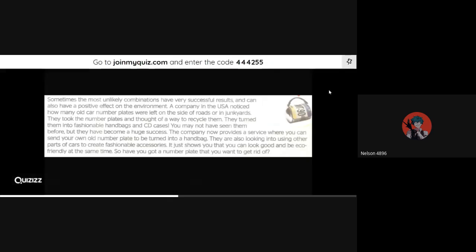Sometimes the most unlikely combinations have very successful results and can also have a positive effect on the environment. A company in the USA noticed how many old car number plates were left on the side of roads or in junkyards.